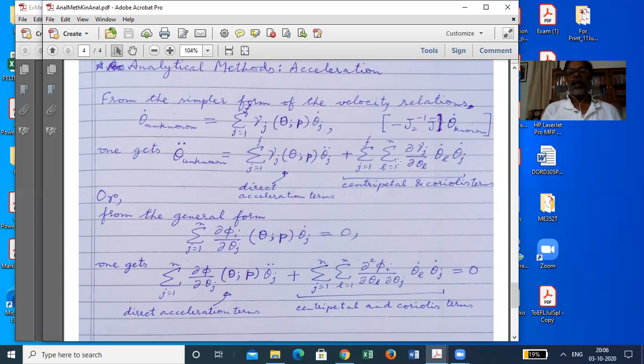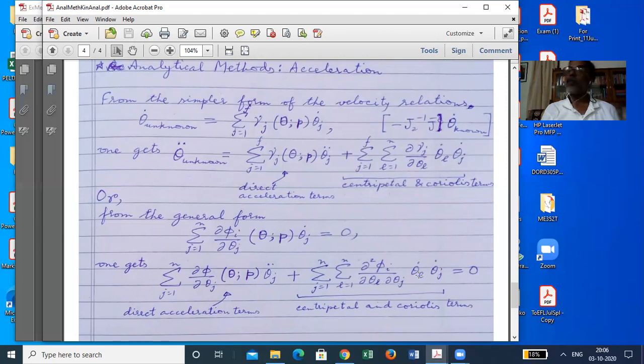So this one, or here this one, actually involves all the centripetal and Coriolis terms of the acceleration. So when L and J are the same, here or here, they are the corresponding centripetal terms. Okay, omega square something. When L and J are different, then you have those 2 omega cross velocity kind of thing.